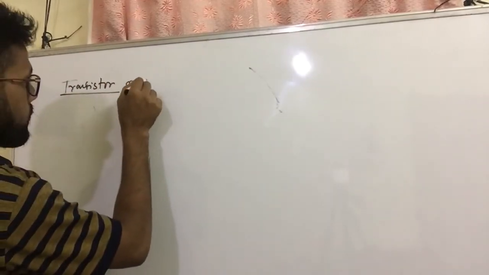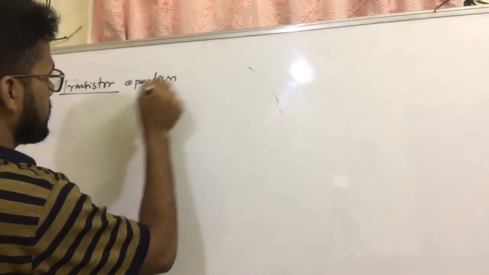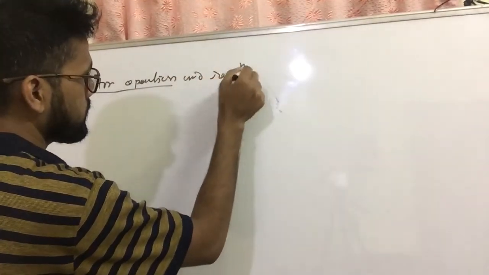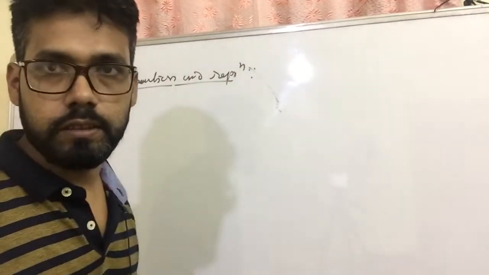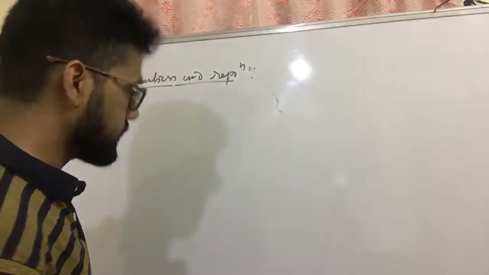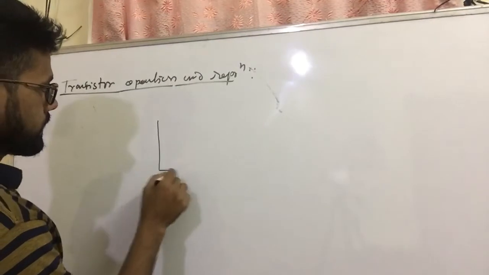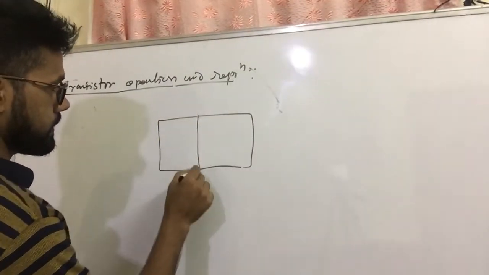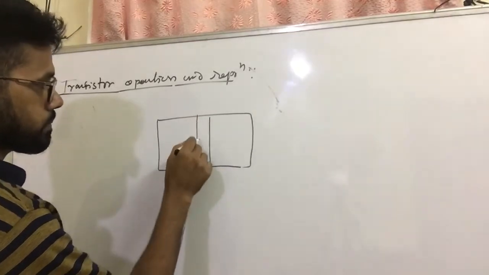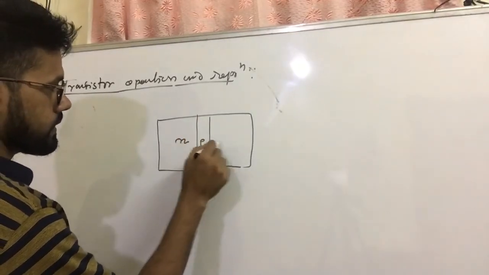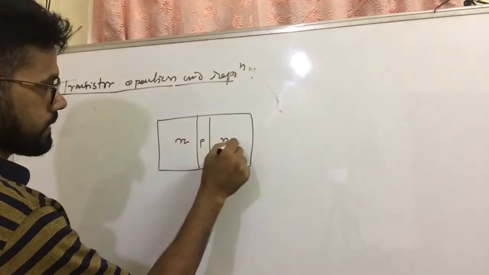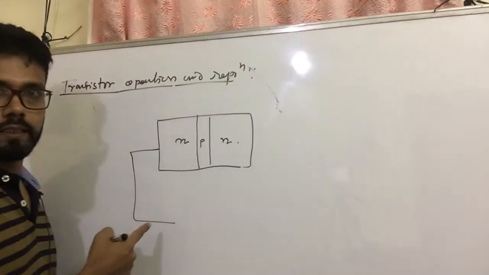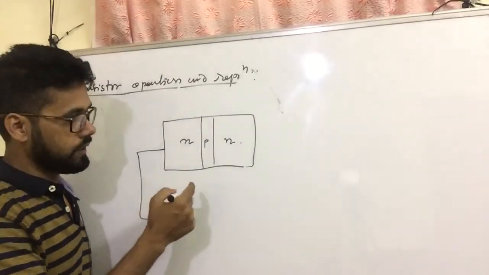Operation and representation. How do we represent a transistor? So suppose consider an NPN transistor. See, clearly see, then you can understand. This is the base region, this is P, NPN transistor, this is N. Now in the transistor, this is the input circuit.